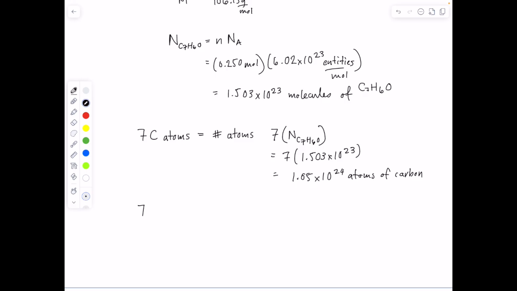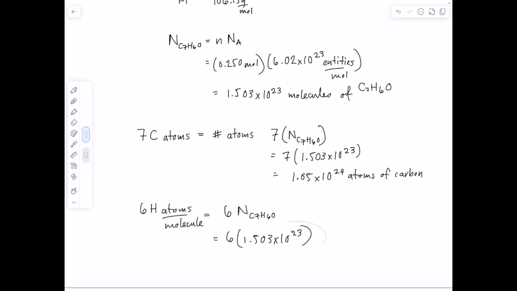Now, there are 6 hydrogen atoms per molecule. So if we know the number of molecules, we can multiply that by 6. The number of entities is the same as the number of molecules. I just want to take this time to show us what we're doing here in a little bit more detail.